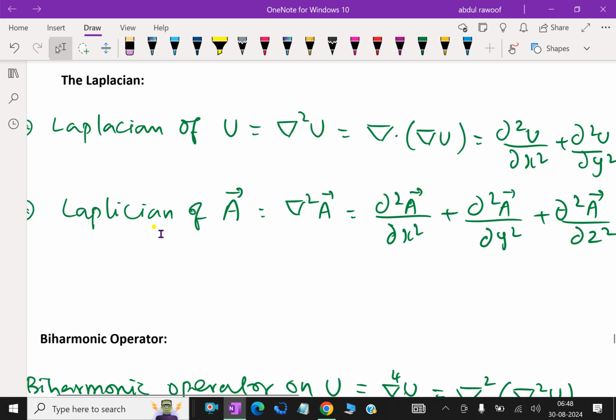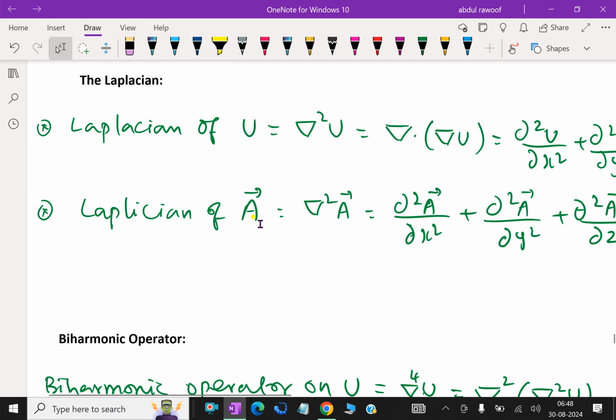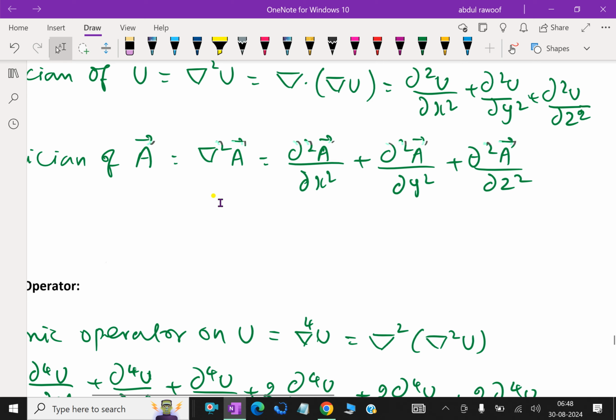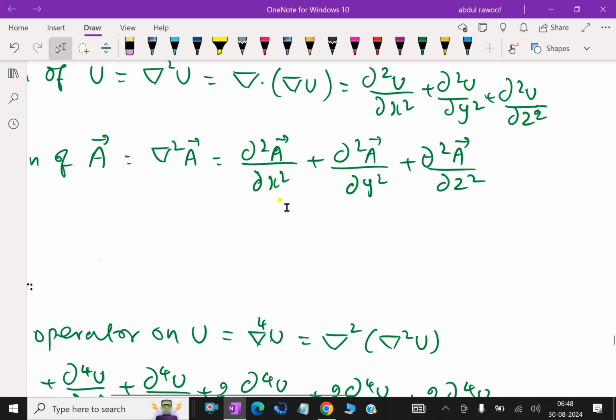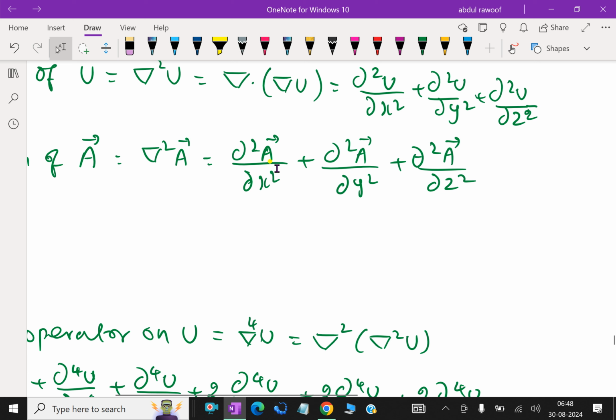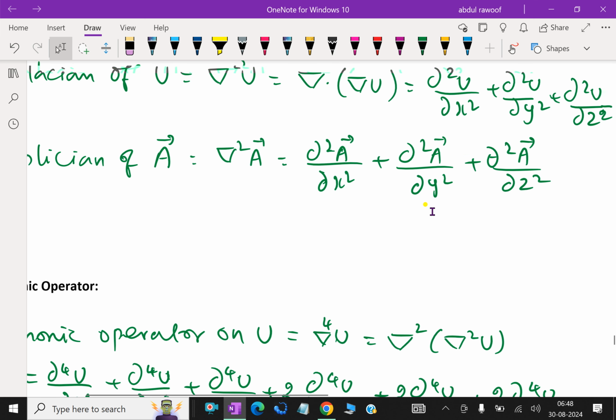Then next one, Laplacian of a vector can be written as del square of a vector. Here u comes, here A comes. Here dou square A vector by dou x square plus dou square A vector by dou y square plus dou square A vector by dou z square.